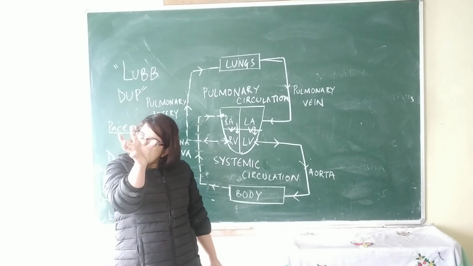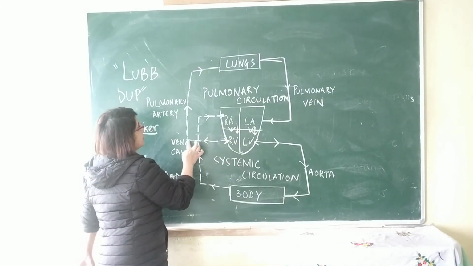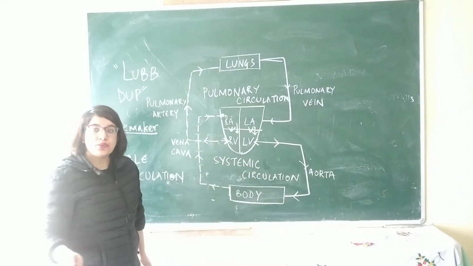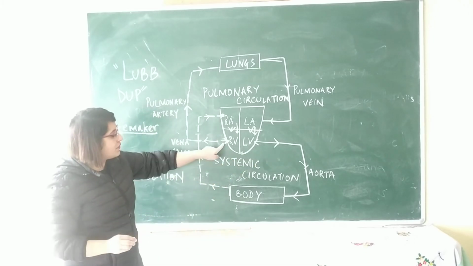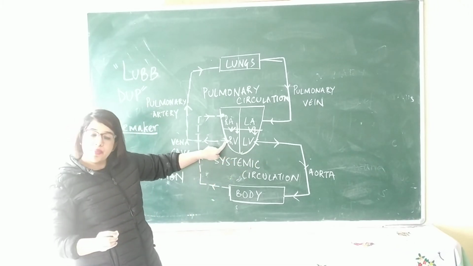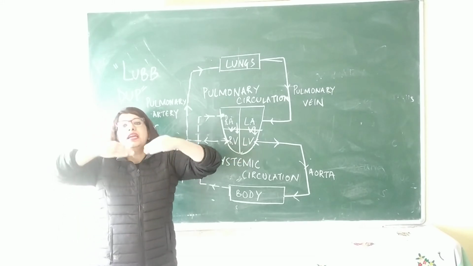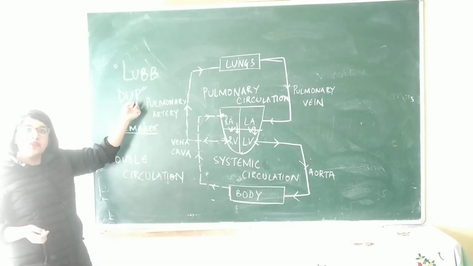Here also what happens? It contracts. So when it contracts, blood enters the pulmonary artery and the aorta. After all the blood has left, here also we have a valve, semilunar pulmonary valve and semilunar aortic valve. They close. Okay, and this is when we hear the sound dub.